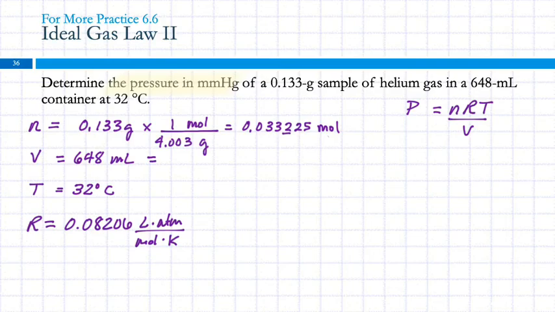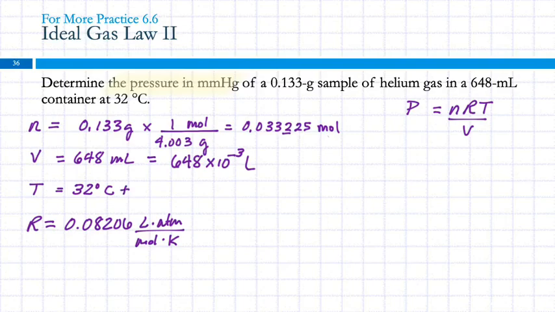So this is the same as 648 times 10 to the minus 3 liters. Milli is an abbreviation for times 10 to the minus 3. So is this improper scientific notation? No. Does your calculator care? No. This is fast. If you want to do it the other way, go right ahead.